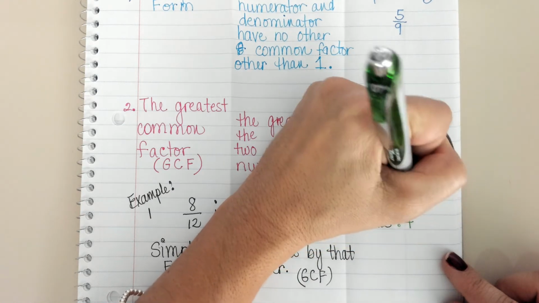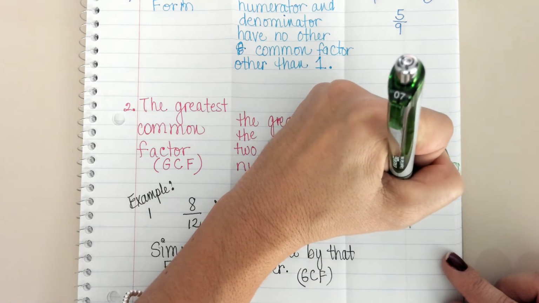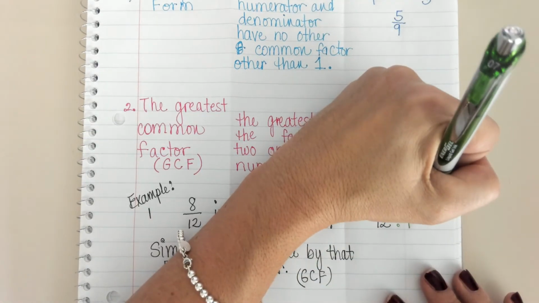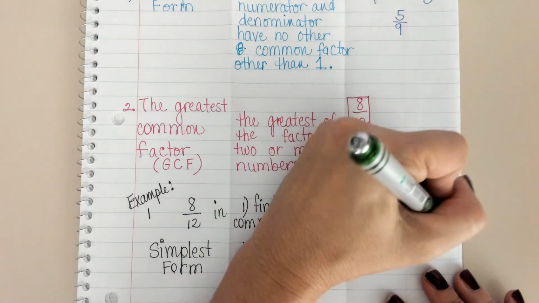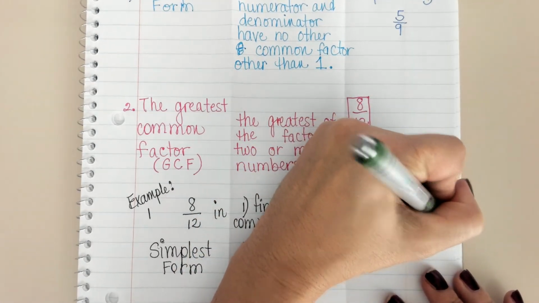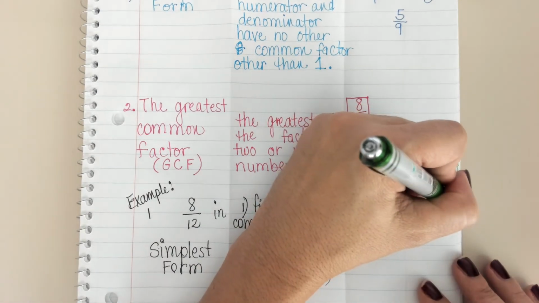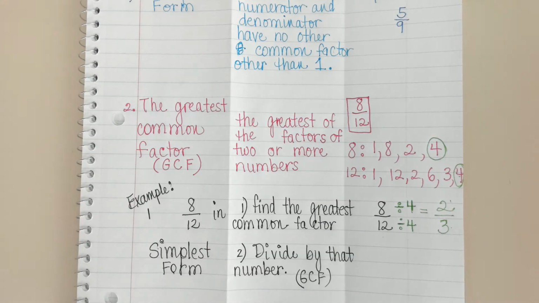You always do the same thing to the numerator and the denominator, just like when we were doing equivalent fractions. When you divide 8 by 4, you get 2, and when you divide 12 by 4, you get 3.